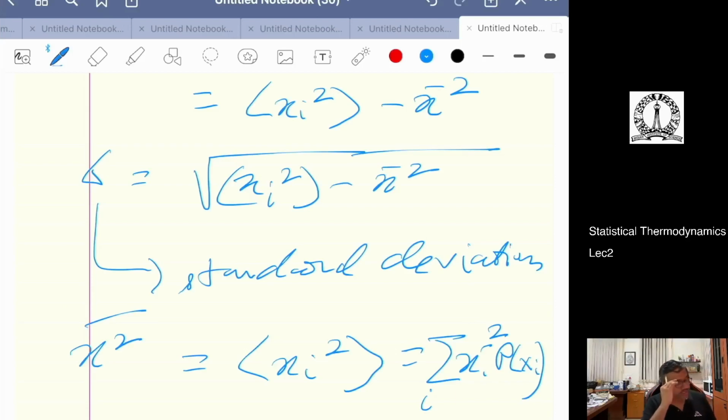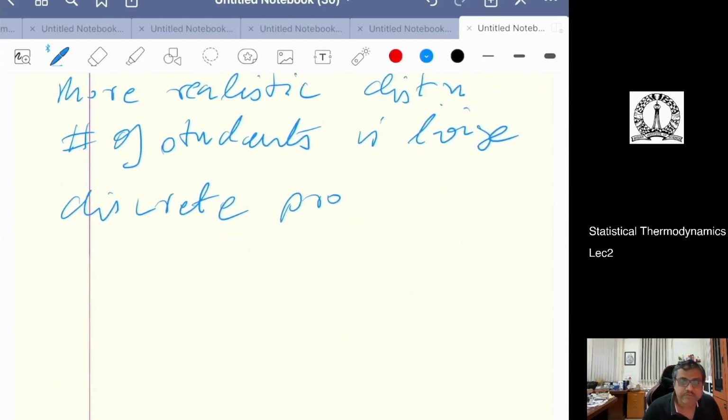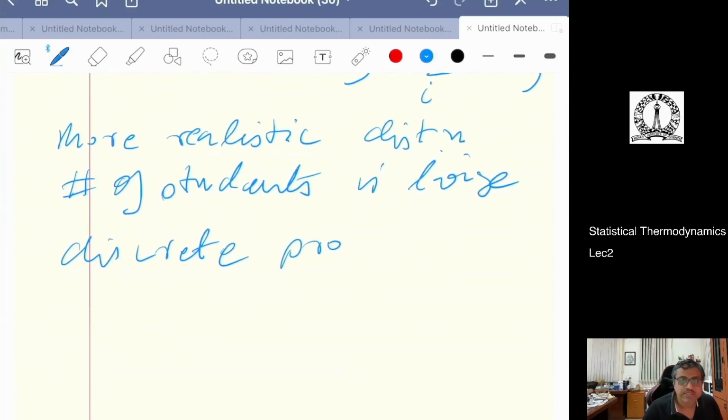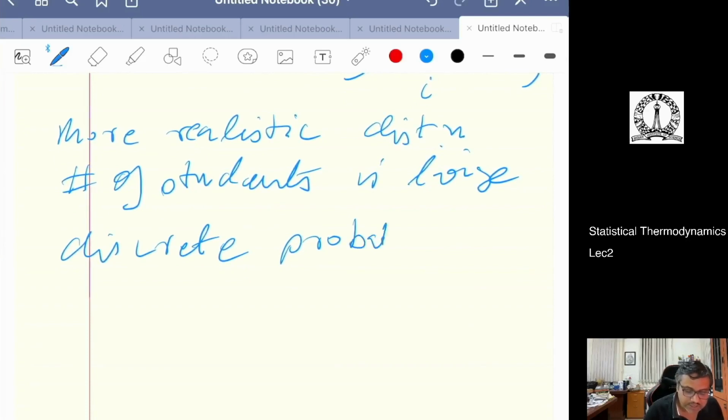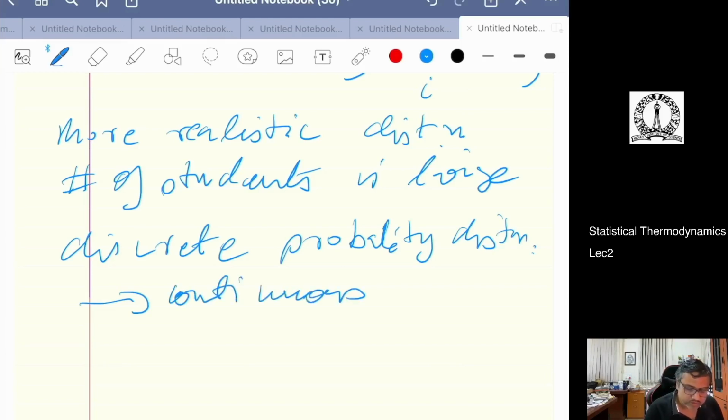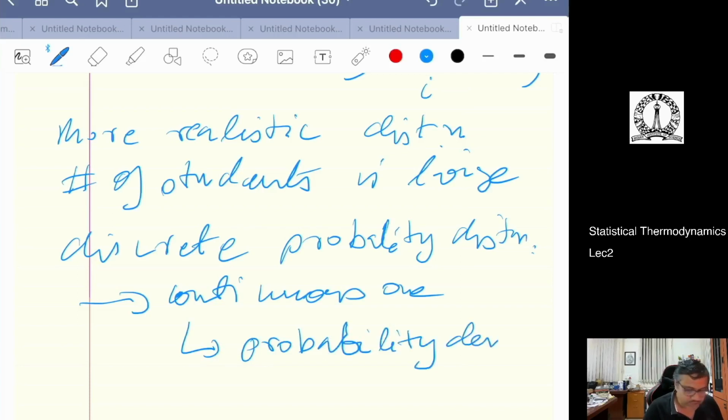Therefore, the discrete probability distribution in that case approaches what we call a continuous one, which is also known as the probability density function.